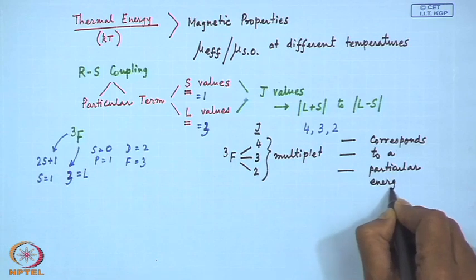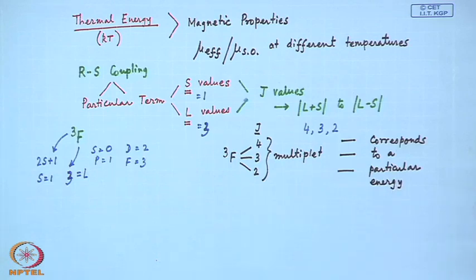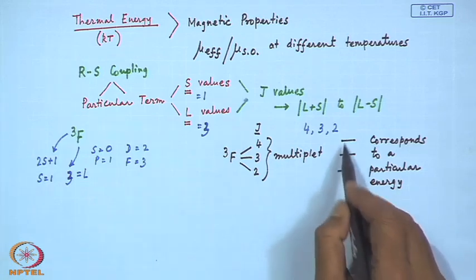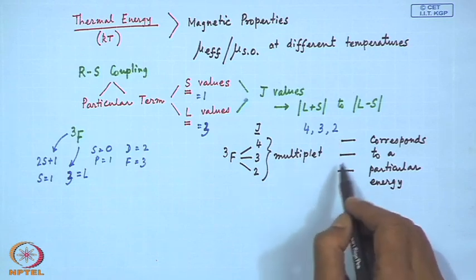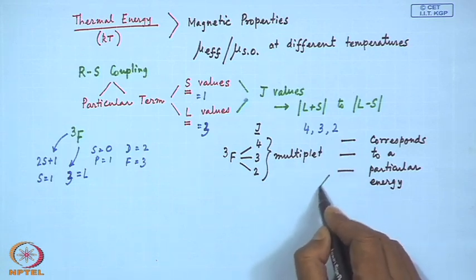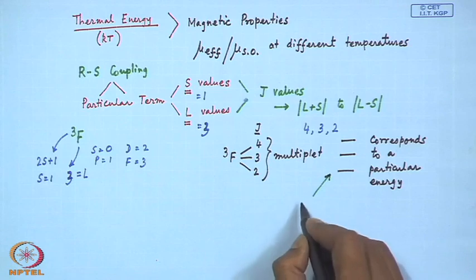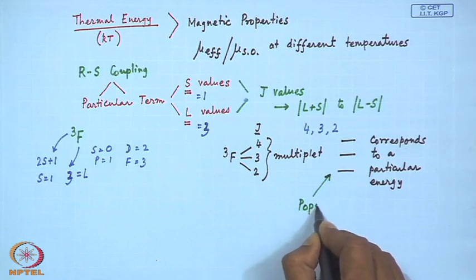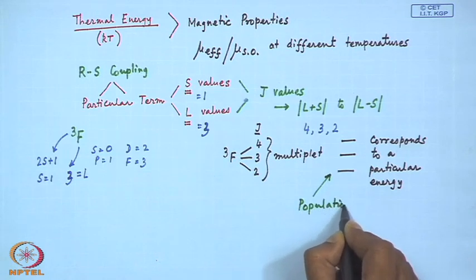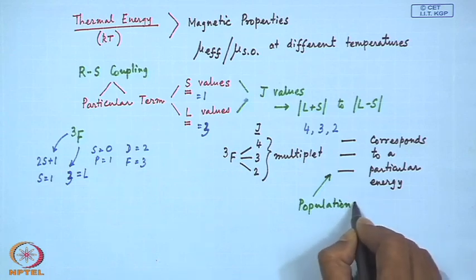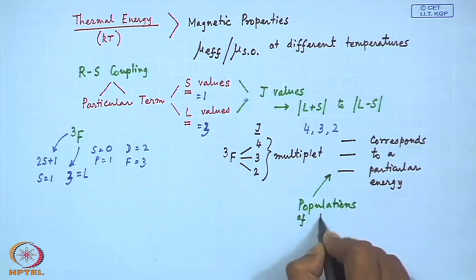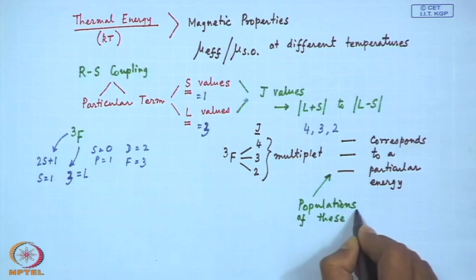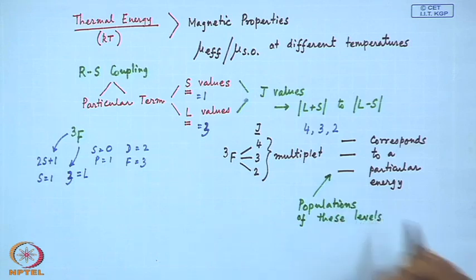Now, depending upon the available kT value, if we have the different levels, we can think of the corresponding populations of these levels. The populations of these levels are therefore important.